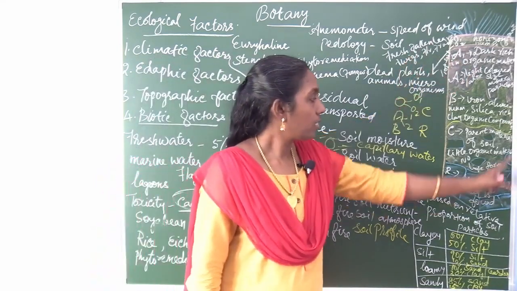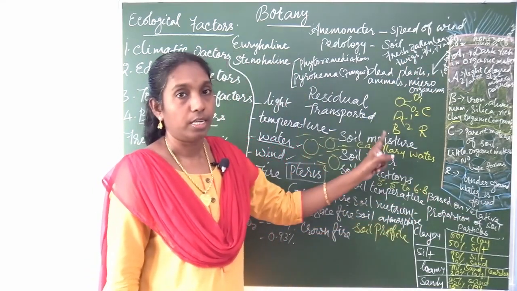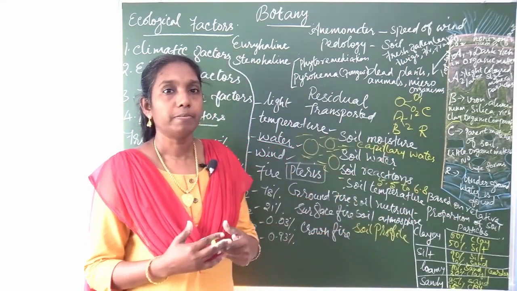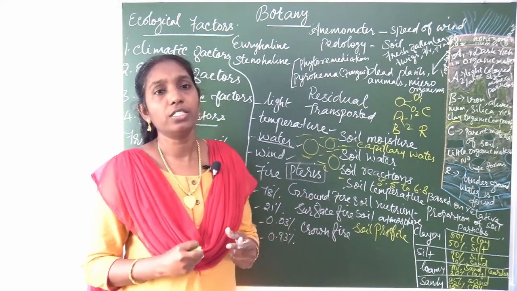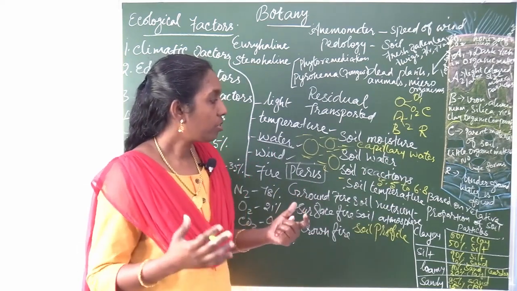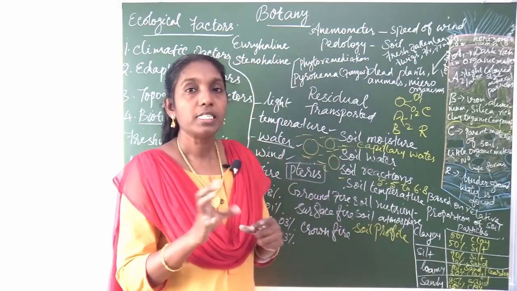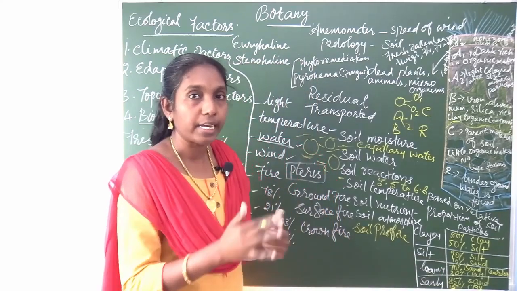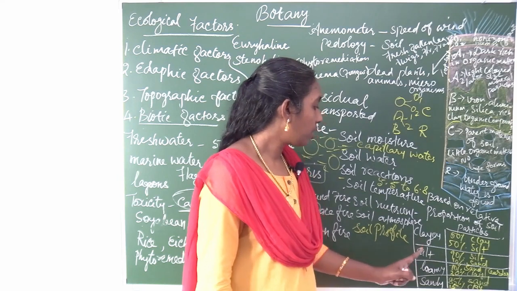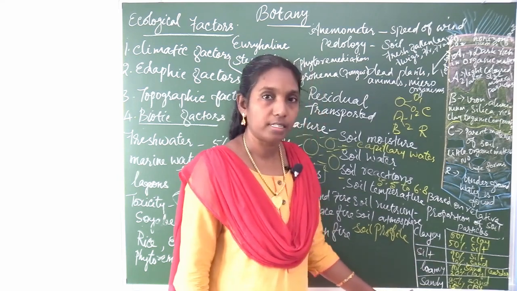And learn this question, soil is classified based on water retention of soil. Then one more question: based on the relative proportion of soil particles, soil is classified into clay soil, silt soil, loamy soil and sandy soil.